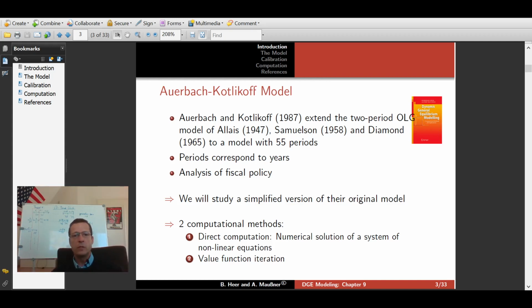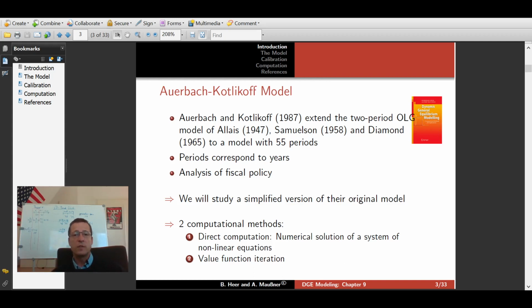And they used it to analyze fiscal policy, and we will study a simplified version of the original model now. In later videos, we will enrich our models and even use a more sophisticated model than the first model of Auerbach and Kotlikoff, which, for example, includes income uncertainty.